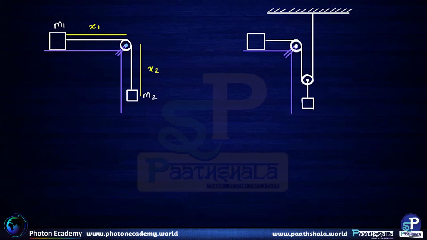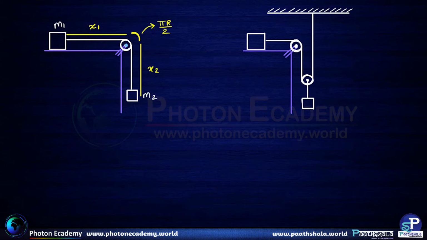So there is a 2 pi r divided by 4, which is a pi r by 2 component present over here, but we are going to ignore that part of the length of the string, not because it is less in magnitude, but because it is constant.